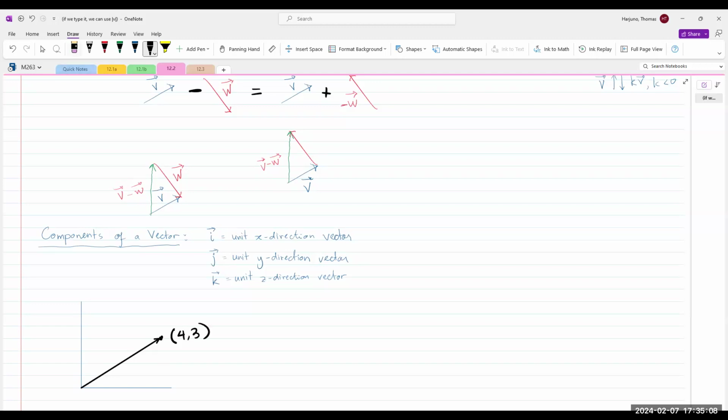Let's say the terminal point here is coordinate 4, 3. You know what? Let me change that. I don't like that. I want to use coordinate 4, 3 here.